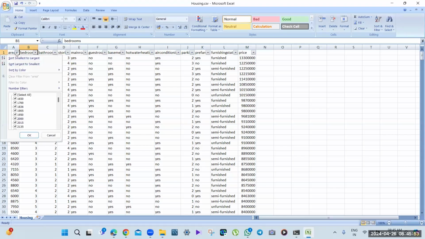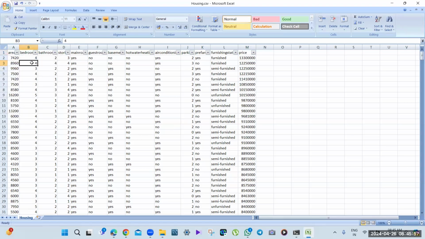Like area can be anything, but your bedroom count will have a limitation. It will be at max 10, 12, maybe 50. It cannot go on and on. It cannot be like 100, 200, 300. It will be in a certain range. So for those kinds of things, we will say that those are categorical features, even though they look like integer or floating point to us, but these are categorical features to us.